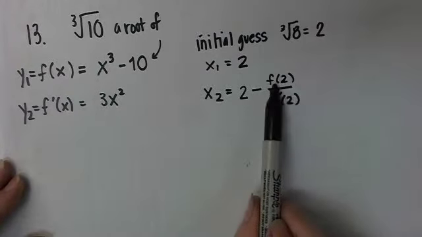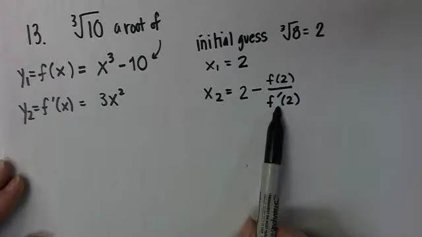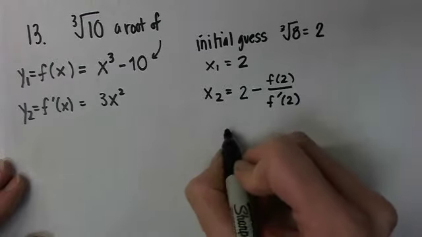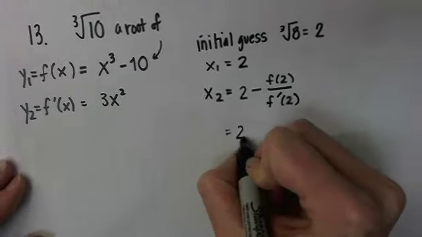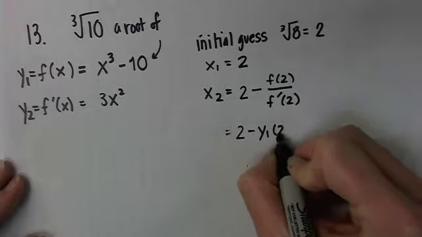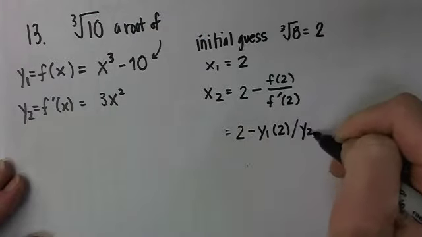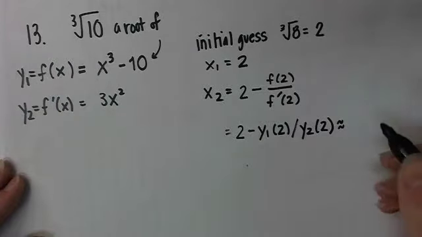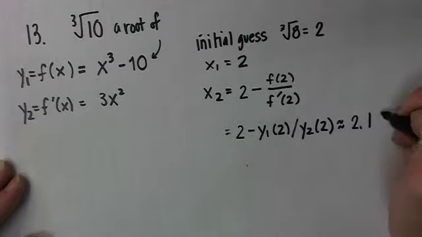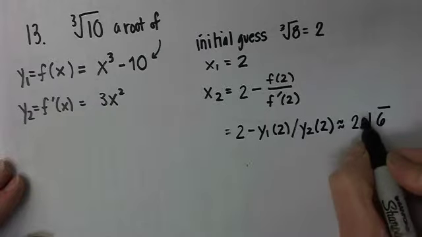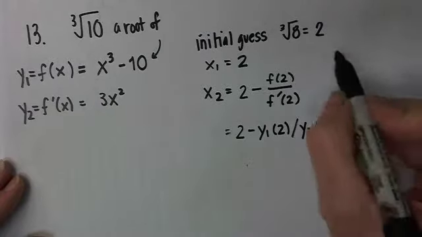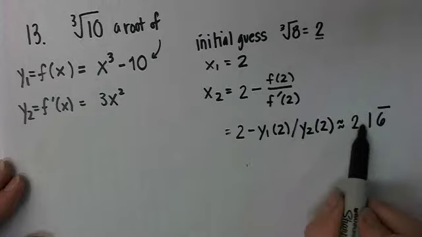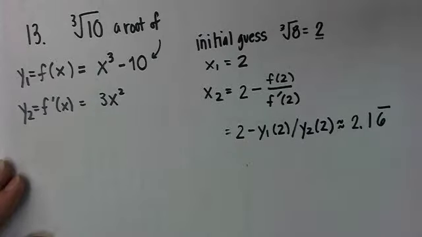So if you've typed the function into y1 and the derivative into y2, then what you'll enter into your calculator is 2 minus y1 of 2 divided by y2 of 2. And the approximate answer we get there is 2.16 forever. Okay, so we know that the 2 is correct because the next approximation also starts with a 2.